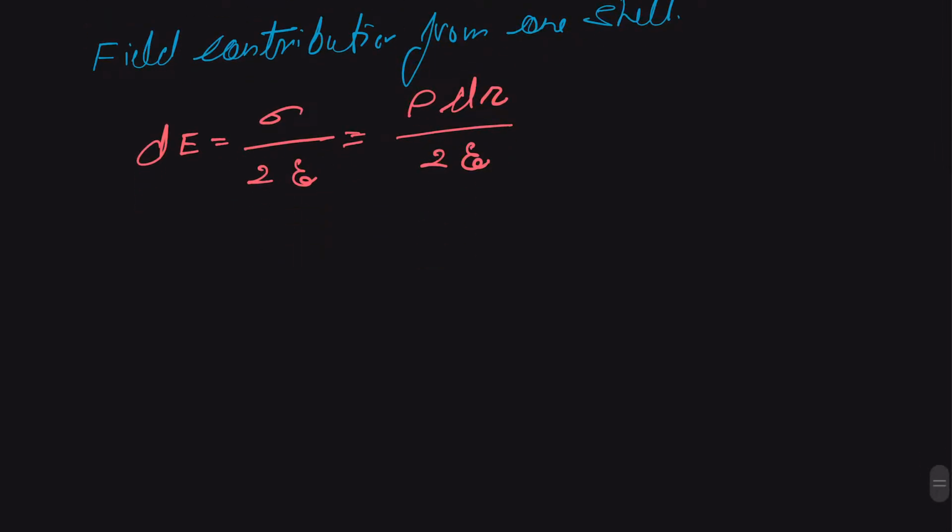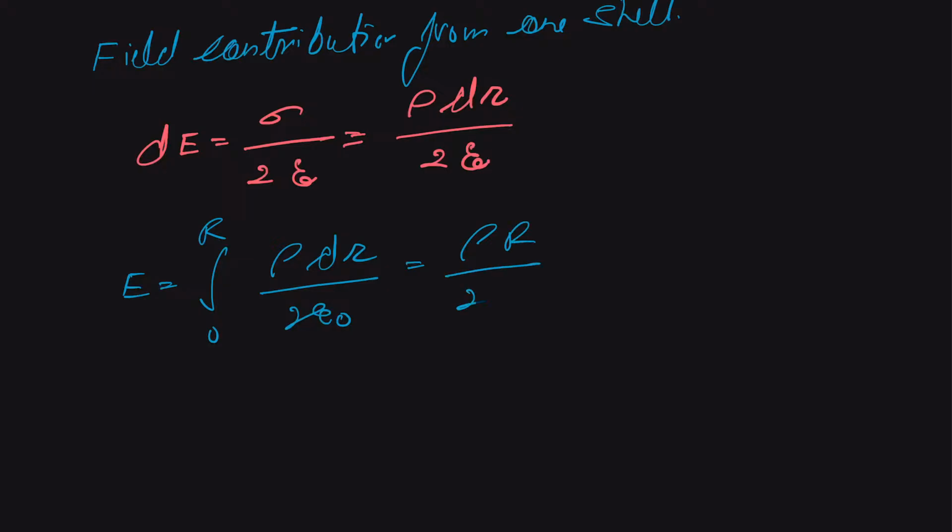Therefore we can say that the net electric field, that is E, will be equal to the integral from 0 to r of rho dr upon 2 epsilon naught, and this will give us rho r upon 2 epsilon naught.